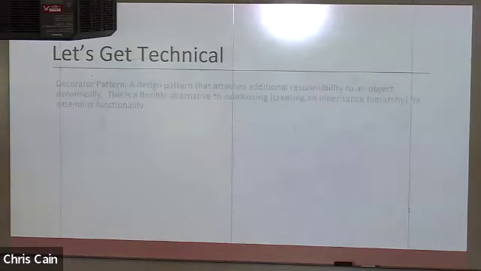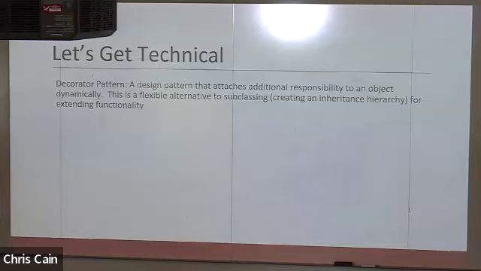Before we do so, we should actually define the decorator pattern. So a decorator is going to assign additional responsibility to an object dynamically. This allows us at runtime to decorate objects with other objects. When we make a dark roast object, we don't yet have to specify whether it is decorated with anything.